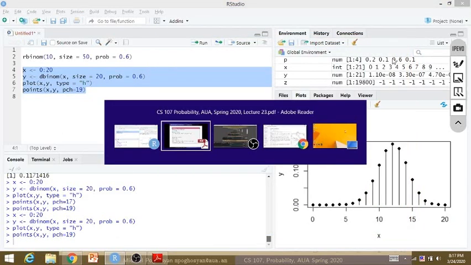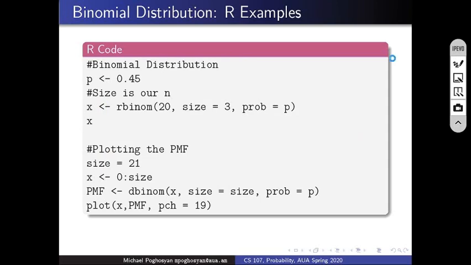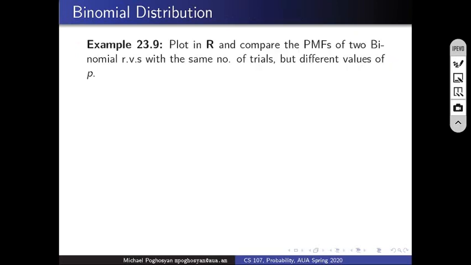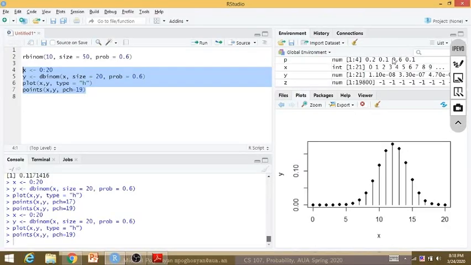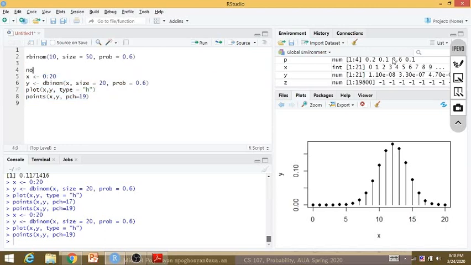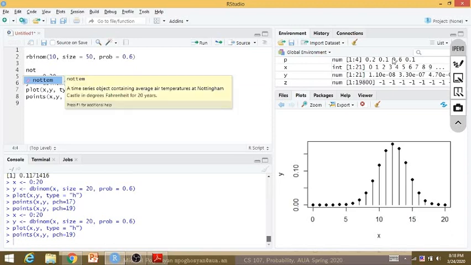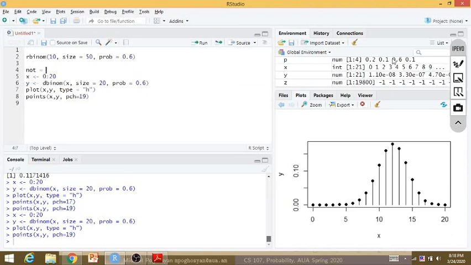Okay, so let's move back to our slides. So the next example is asking to plot in R and compare PMFs of two binomial random variables with the same number of trials but different values of p. So we will take the same number of trials, say 20, the same.